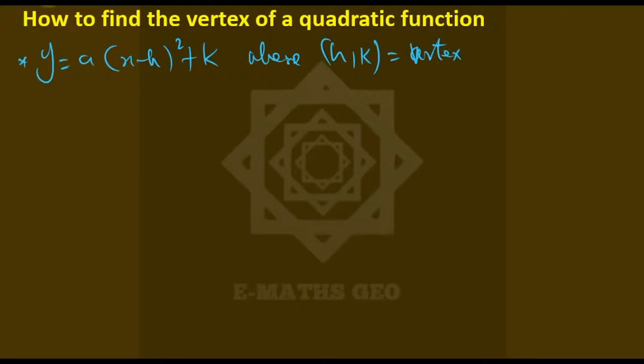Now, again, I've told you that the general equation of a quadratic function is always ax squared plus bx plus c. So why do we have to learn this?